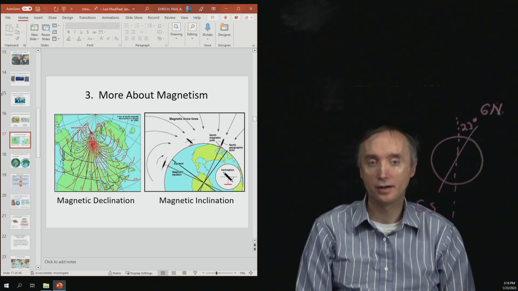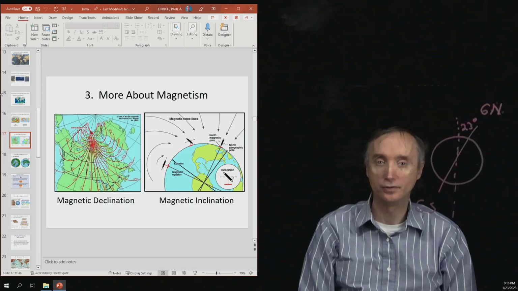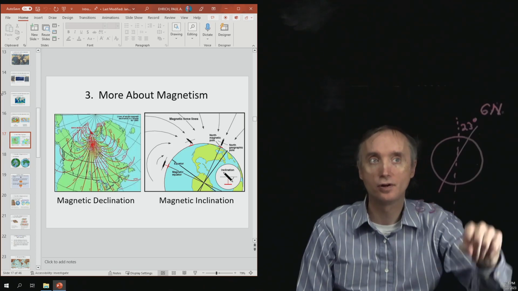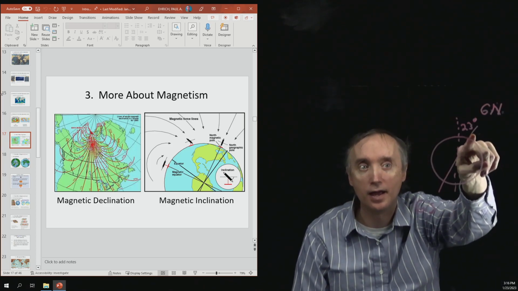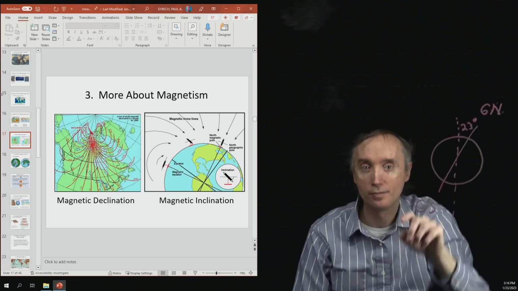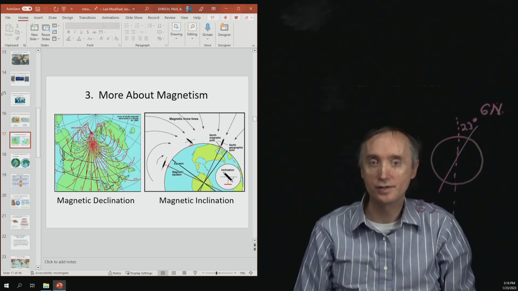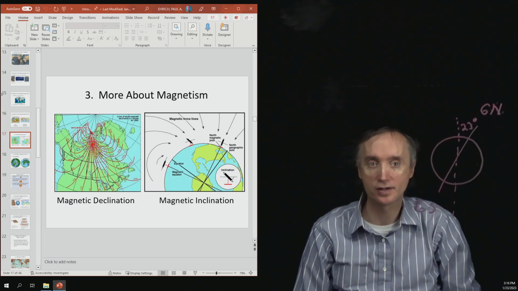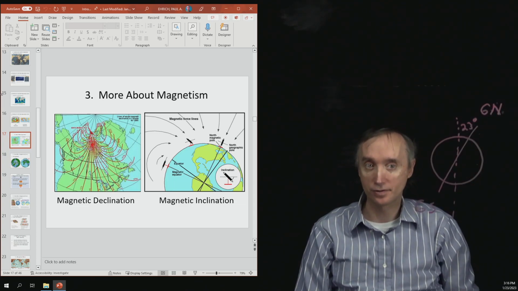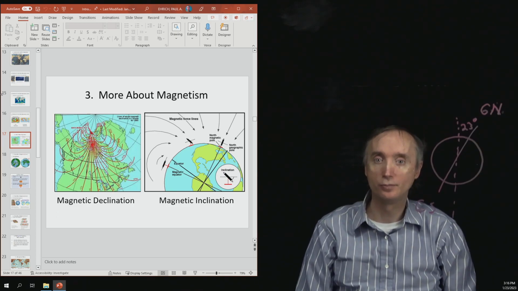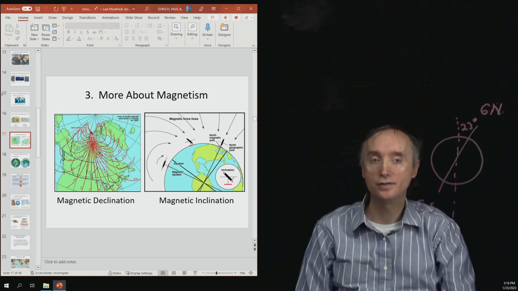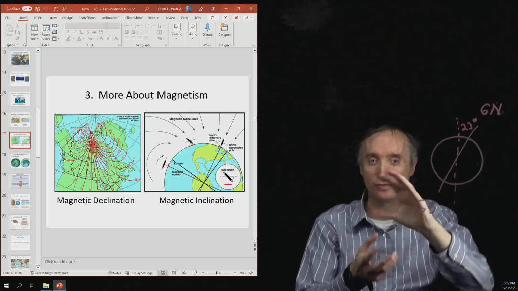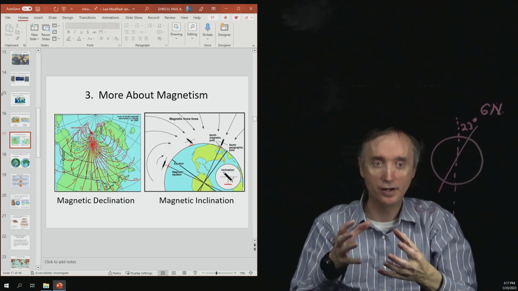You might think that the magnetic field of the Earth comes out here and goes in here, so that the magnetic field coincides with the geographic north and the geographic south. And it doesn't. Do you remember that inside the Earth it's very chaotic and very hot?